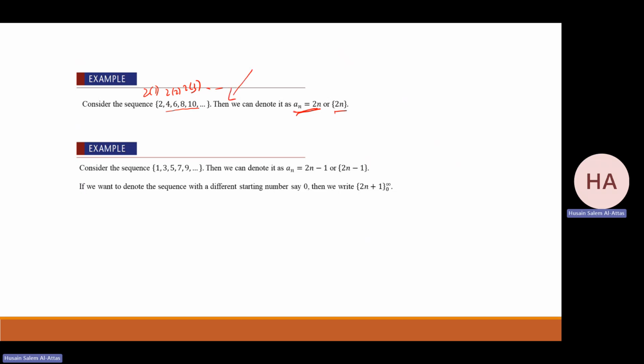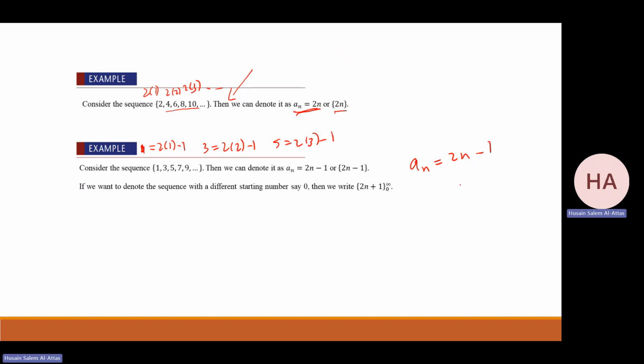This one, it's what? 1 is 2 times 1 minus 1. 3 is 2 times 2 minus 1. 5 is 2 times 3 minus 1. So I can write it 2n minus 1.